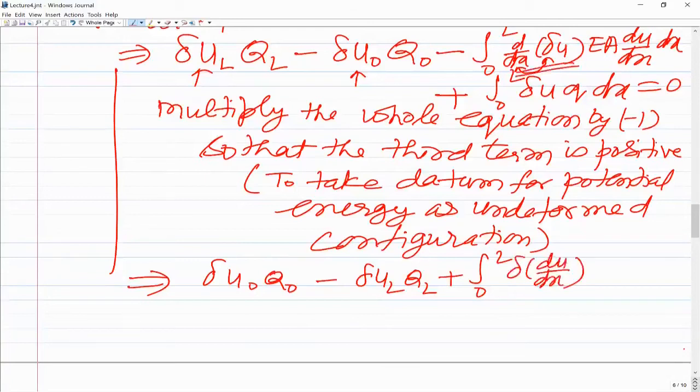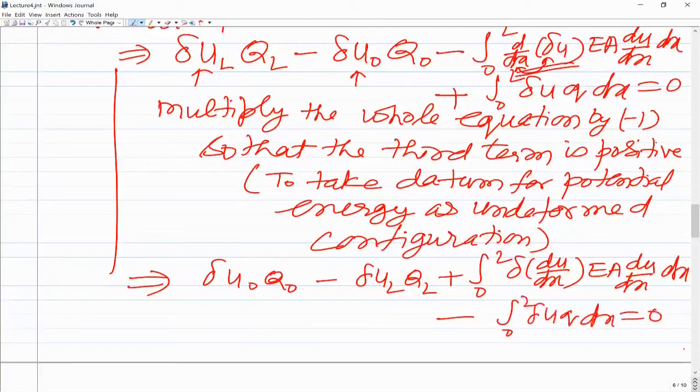Either you first differentiate u with respect to x and then take the variation, or first take the variation of u and then differentiate it with respect to x. Both will be the same. So I can write this as EA into du/dx into dx, and then the last term would be minus integral 0 to L delta u q dx equal to 0. So this is what you will have.